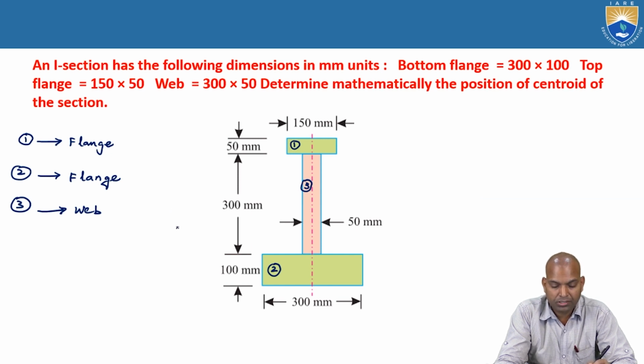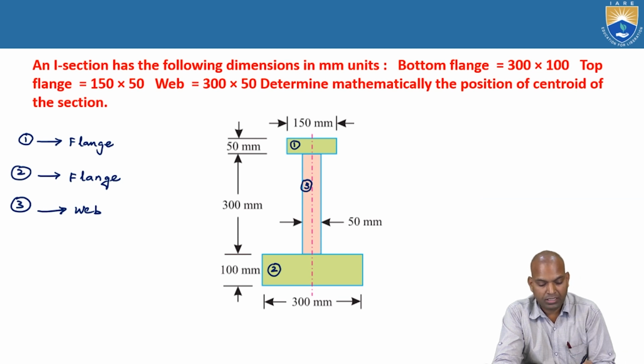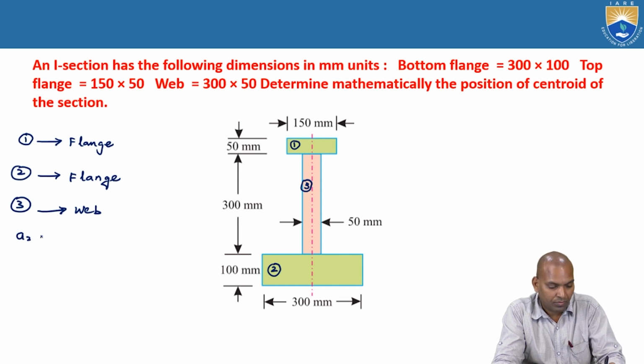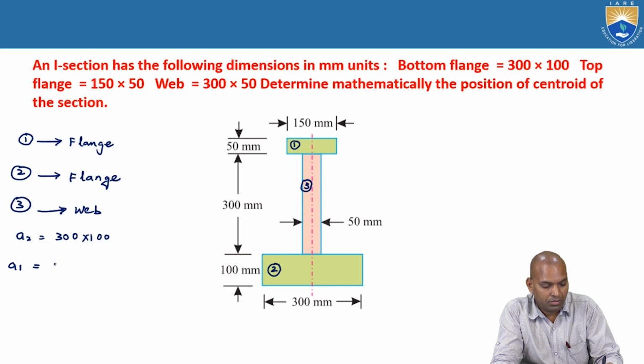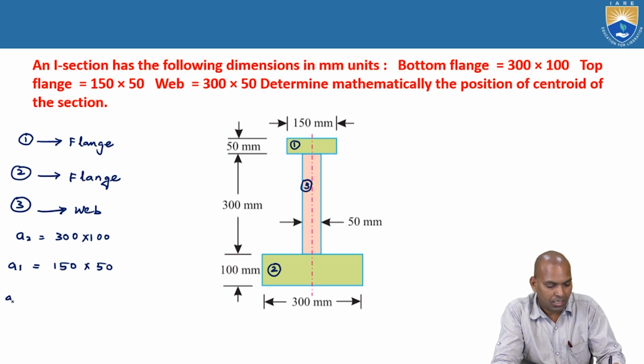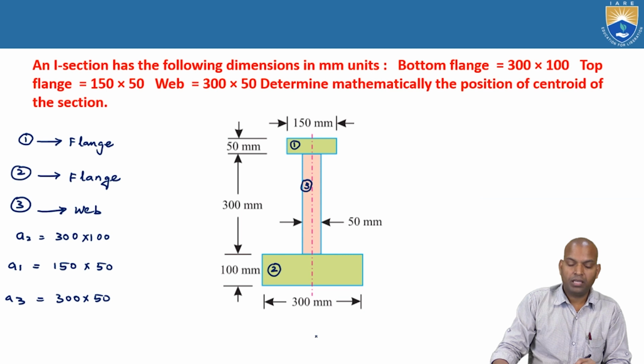The cross sections are rectangular, and the bottom flange has a cross section of 300 millimeters times 100 millimeters, that is A2. A2 equals 300 times 100 millimeters, A1 equals 150 times 50 millimeters, and A3 is 300 times 50 millimeters.